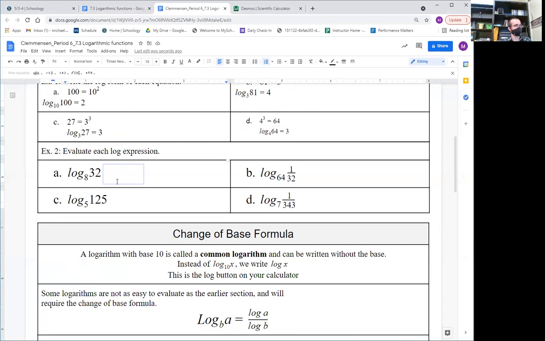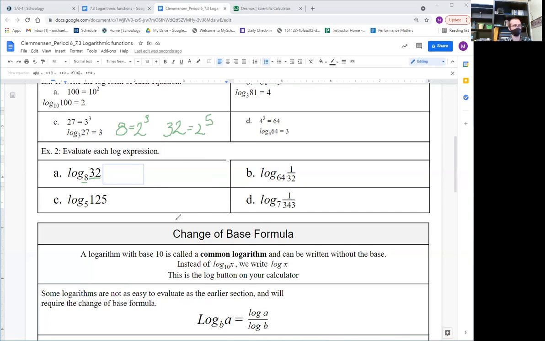For A right here, what I'm going to always try and do is make these two numbers, the 8 and the 32, have the same base. I can rewrite 8 as 2 to the third power, and I can rewrite 32 as 2 to the fifth power.